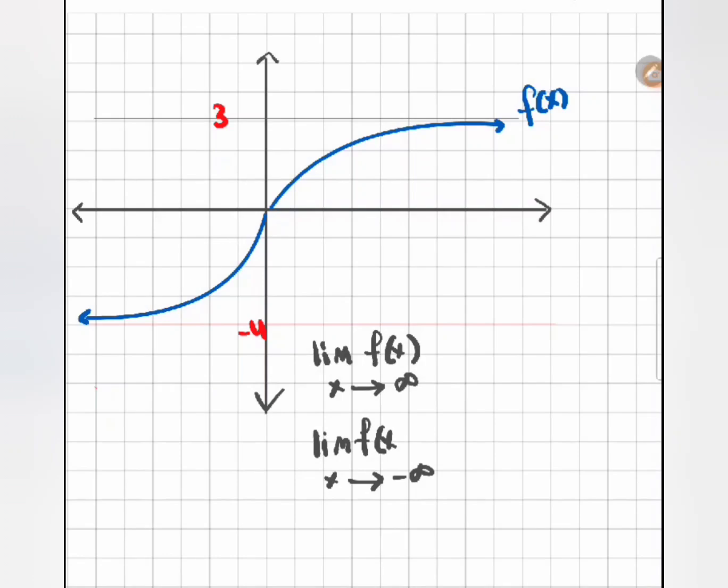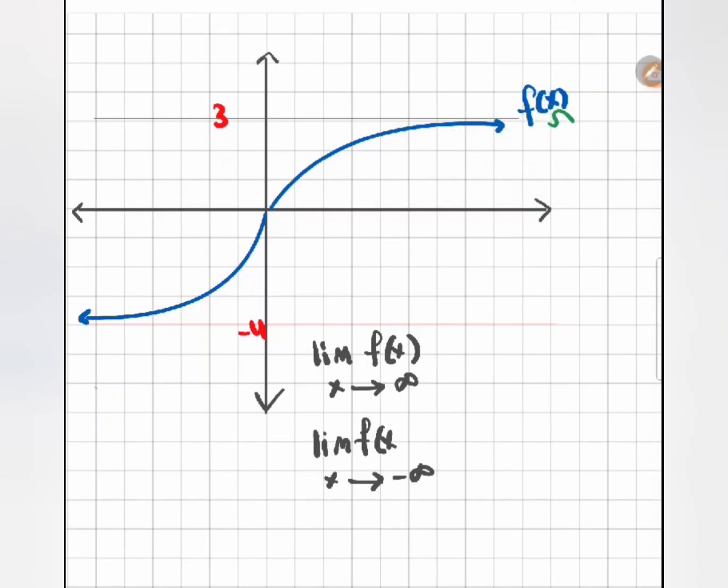What is the limit as x approaches +infinity? What is the answer? So this is saying when x gets very large, that means as we follow the curve all the way to the right, what is the y value? Notice that it approaches the horizontal asymptote, so it has a y value of 3.